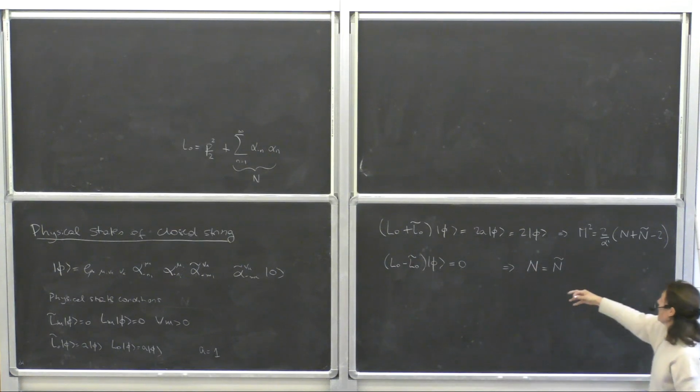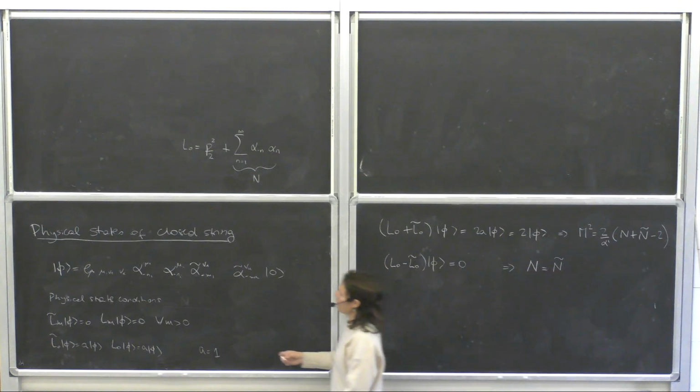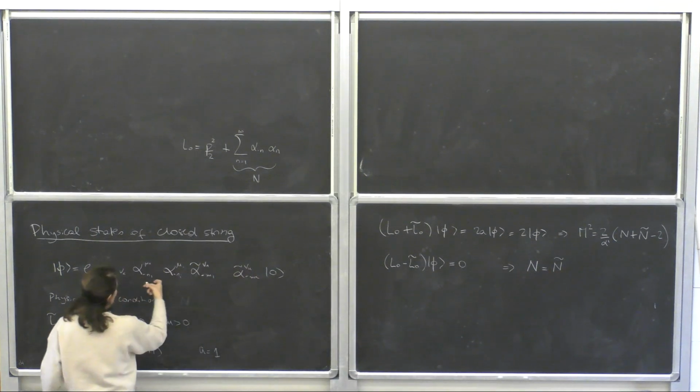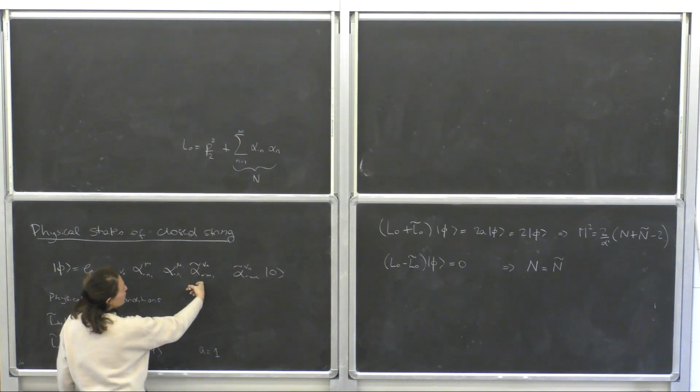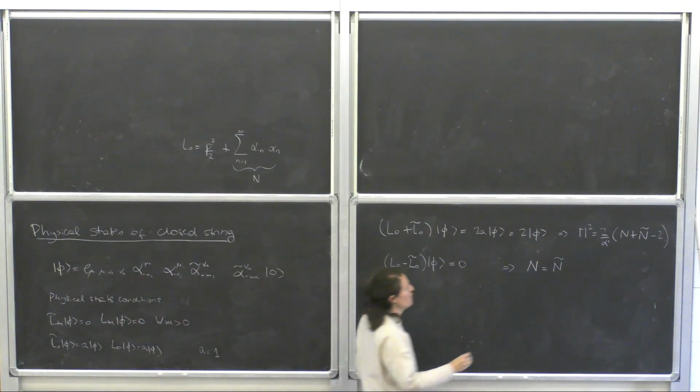And so the total number of oscillations is equal to N tilde. So I could have something that has alpha minus 1, and alpha tilde minus 2. That's not allowed by this condition. This condition is called level matching condition.